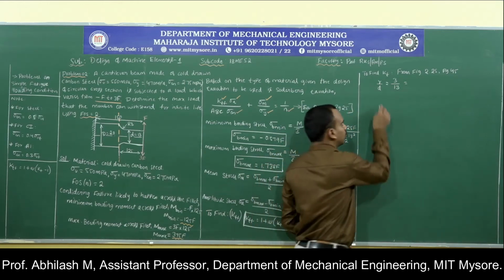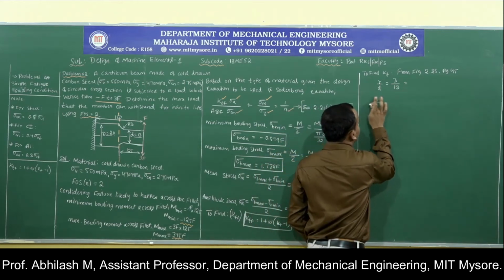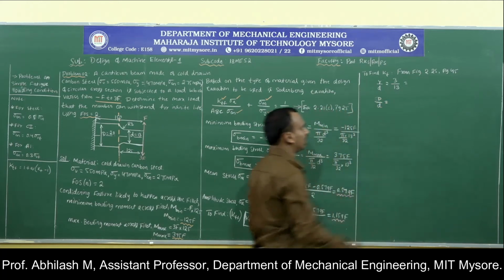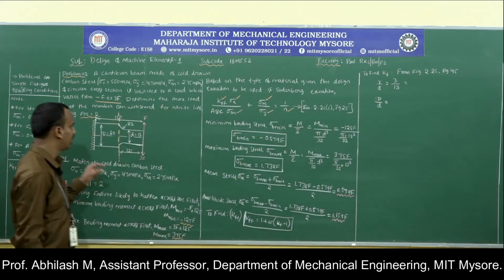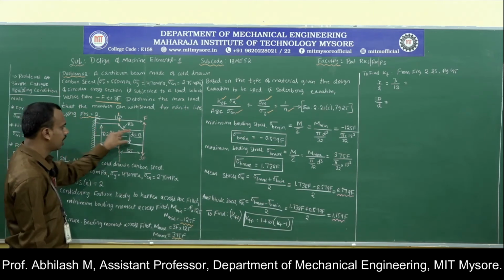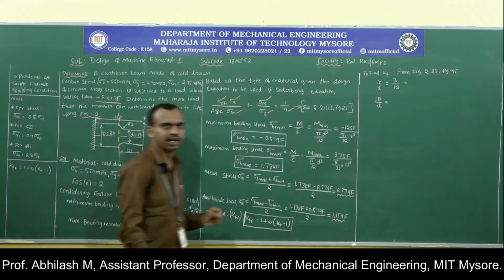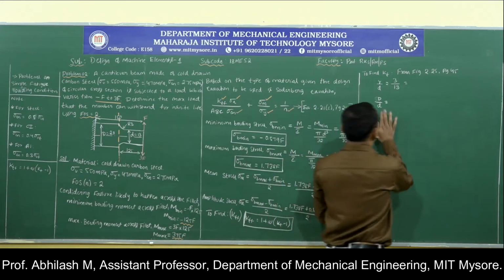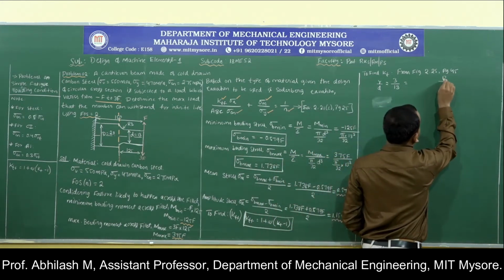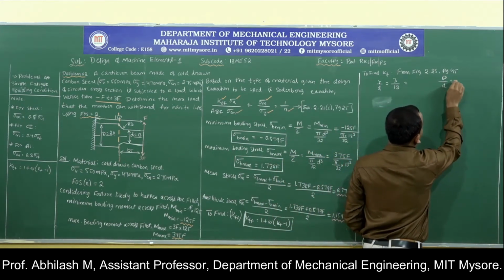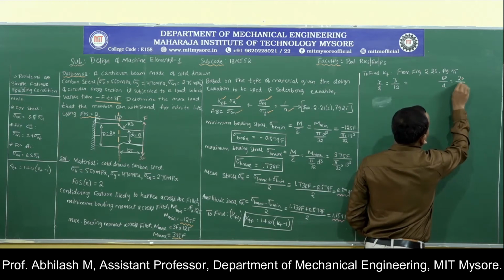Next, we should also note down the value of the D by d ratio. What is the capital D? Capital D is 20 and the small d is 13. So the D by d ratio, capital D is 20, small d is 13.